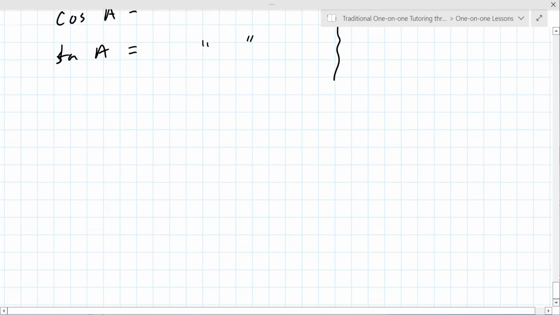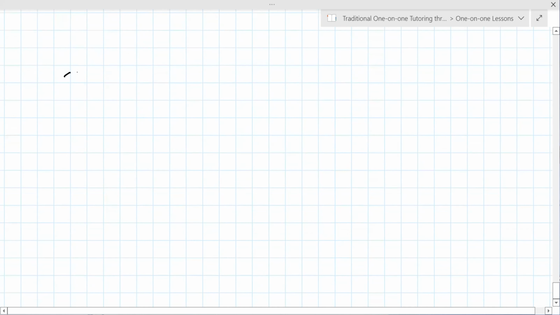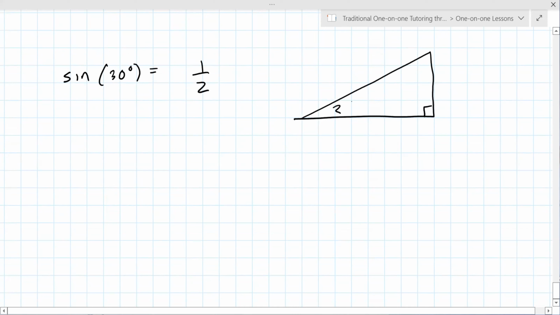So let's look at something that you know here. The sine of 30 degrees is 1/2. Let's draw a triangle here. This is 30 degrees. It's 1/2. The third side of the triangle is from the Pythagorean theorem.